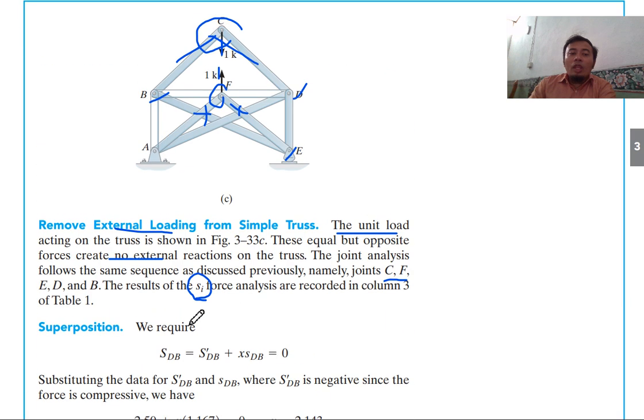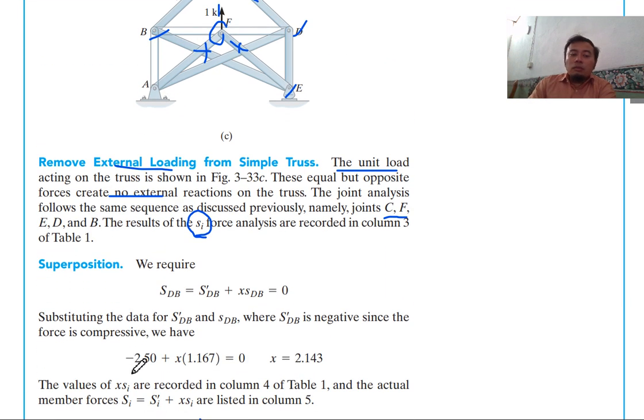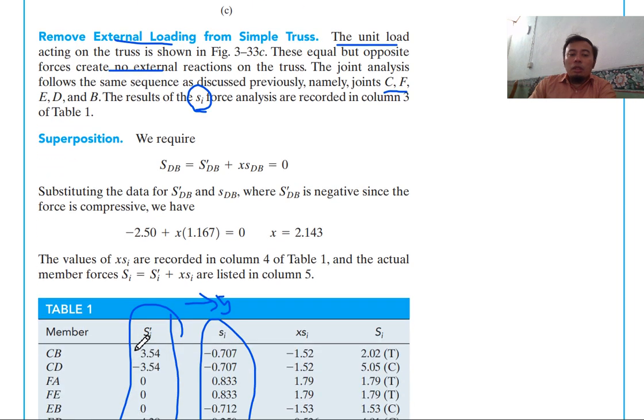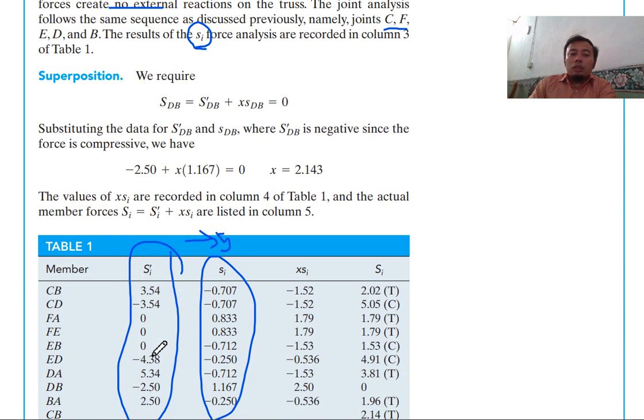So as a principle of superposition, the actual force in the member is equal to the force due to external load plus x times the force due to unit load, and this should be 0 at member DB. Because why? Because there is no member DB in the actual structure.